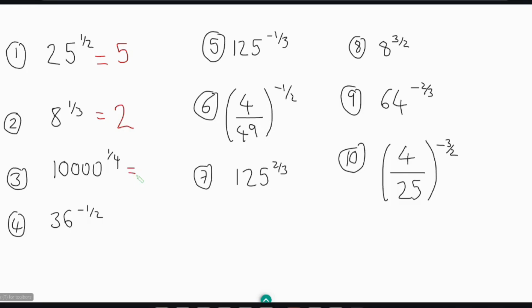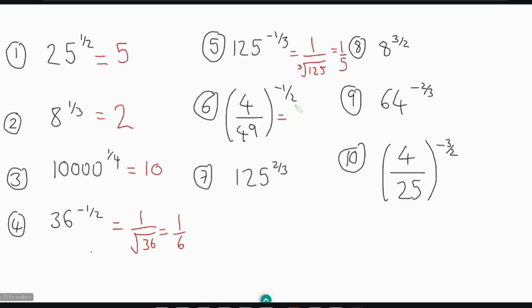Fourth root of 10,000, which is 10. 1 over square root 36. 1 over cube root 125. Okay, let's have a look at this fraction then.